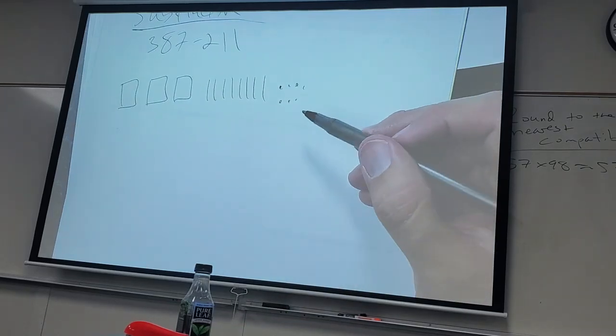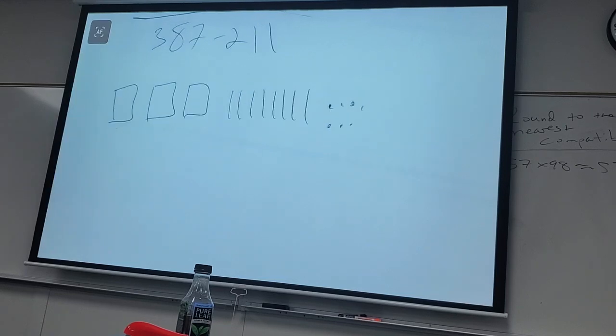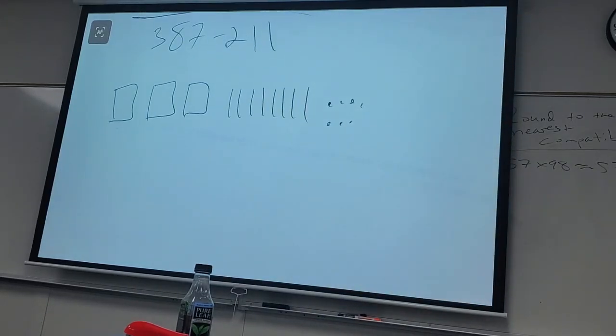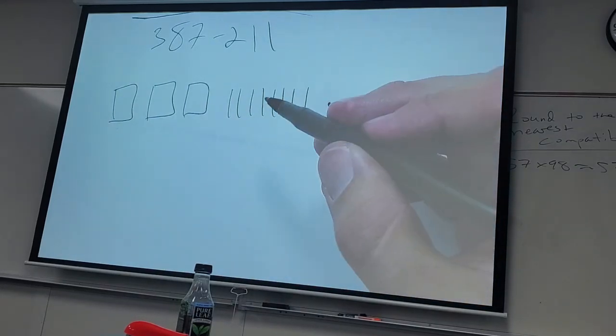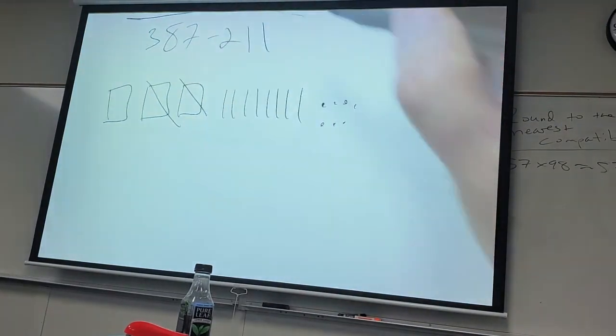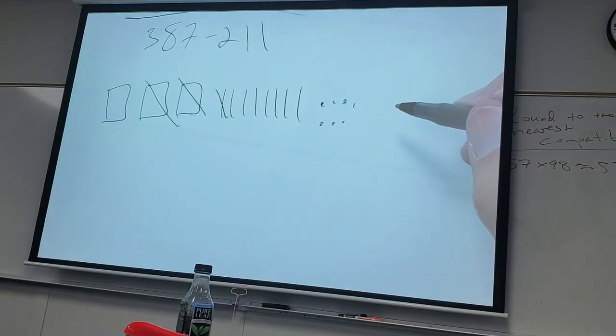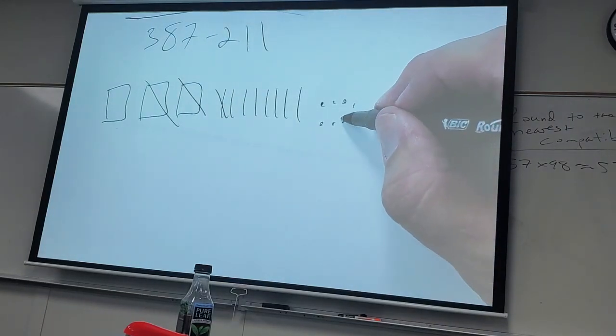So like you guys said, this is a perfect analog to the work you would have done already with takeaway. So now what do you think I'm going to do if I've got it drawn like this? What could I do? Yeah, you could cross them out, I like it. So cross out 2 of these, cross out 1 of these, and cross out 1 of those.